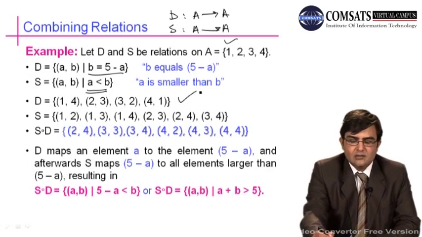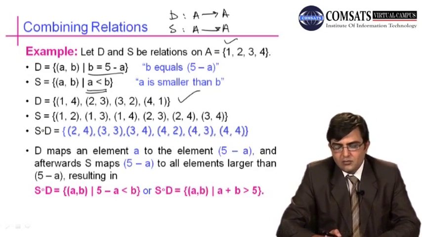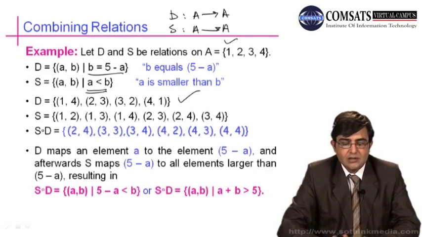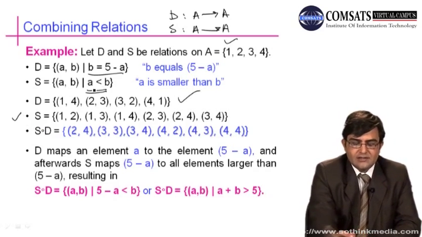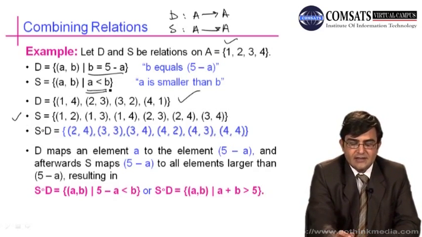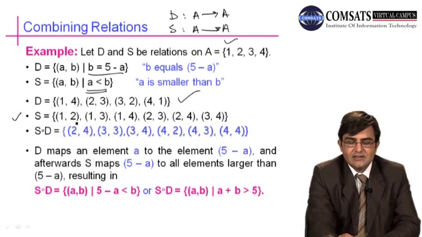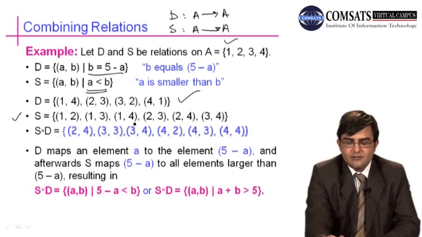So this is all we can choose in the relation D. Next is the S relation. What is the rule in this relation? a is less than b. First, if we choose 1, we cannot choose 1 on the second place because 1 is not less than 1. So here we choose 1, 2; 1 is less than 3; 1 is less than 4.